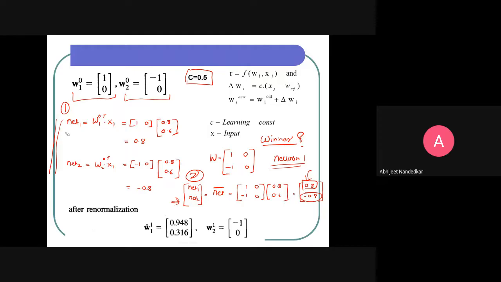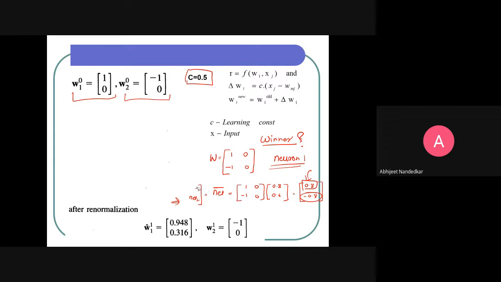Now how to train this? We have to use this change in weight formula, which is written on the top right corner, you can see that formula.